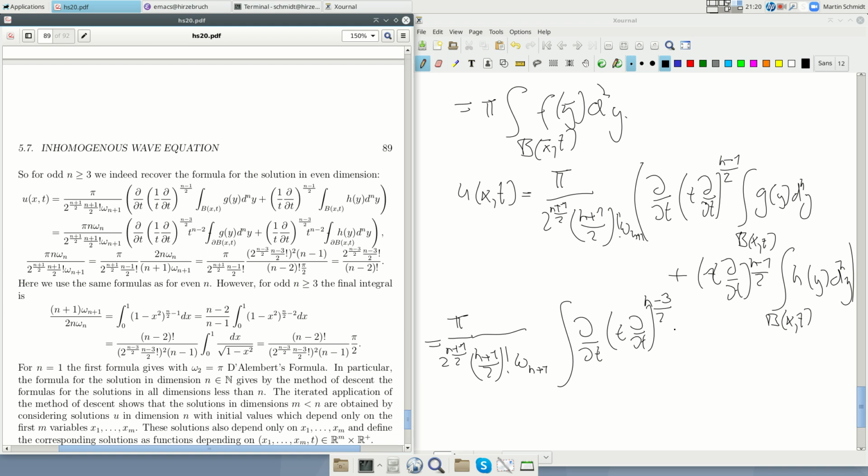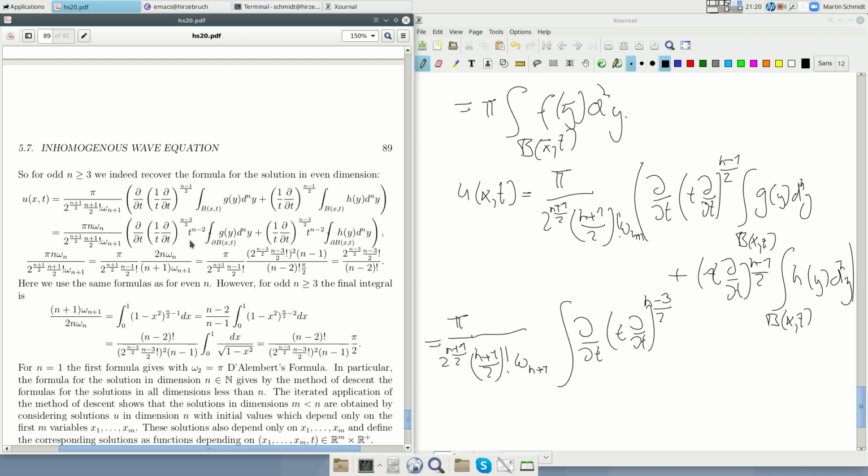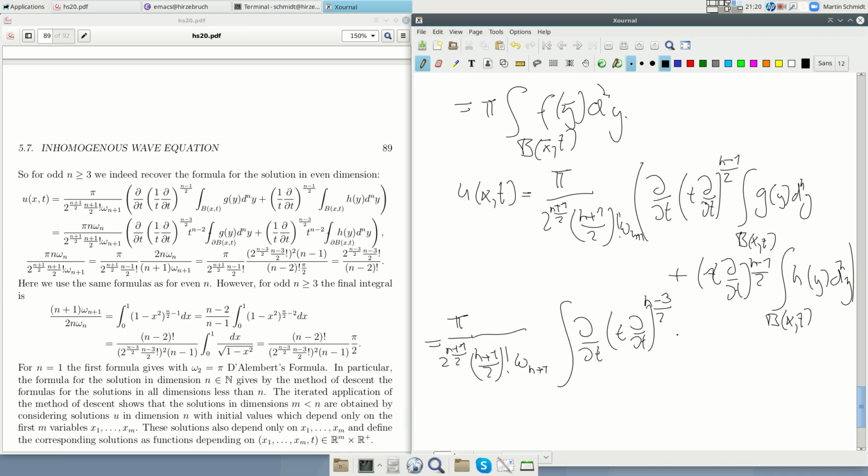Okay, and then we want to get the mean in dimension n, but we have one t less, so we have t to the n minus 2. So then we have to add here an omega n.